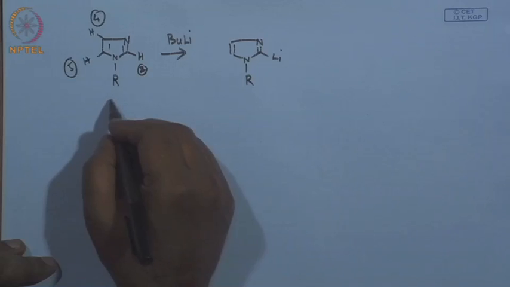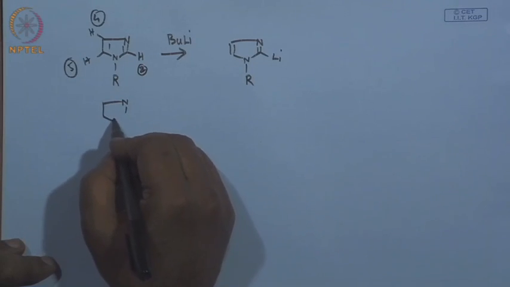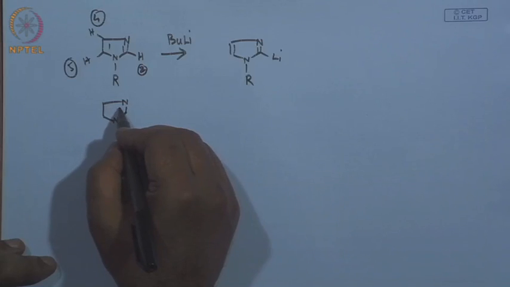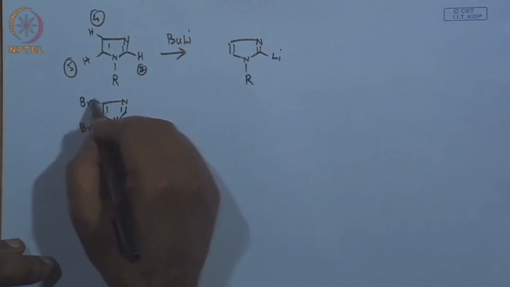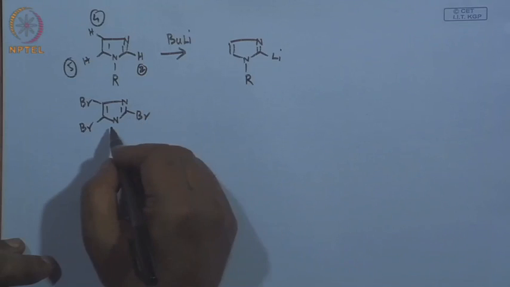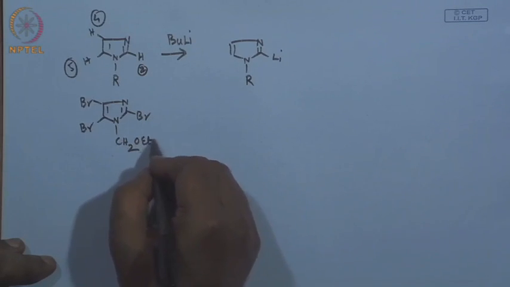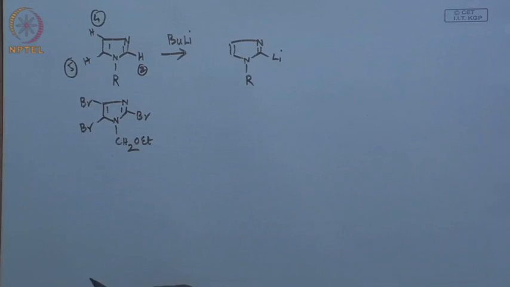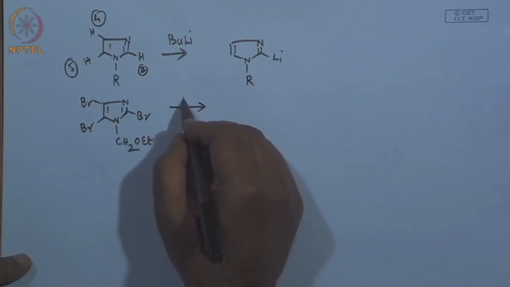Let us look at one more example, where you have a different kind of substrate. Now you have a well defined protecting group, CH2OEt. Once again the reaction conditions are the same, butyl lithium.